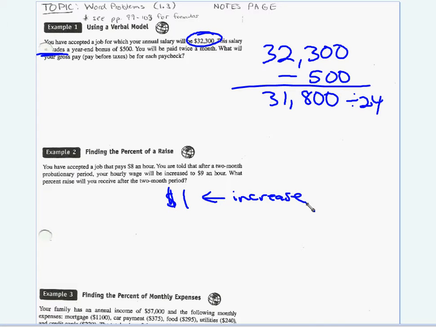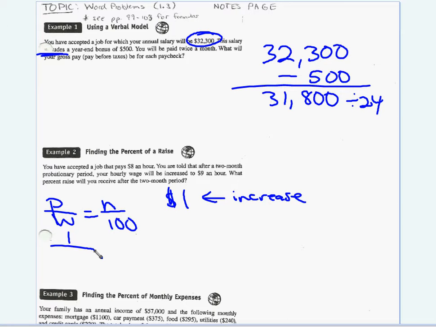Well, this is a percent problem, and we're asked to calculate the percent. So if I'm using part to whole equals n to 100, where would the 1 go? The 1 is the part. Okay? The 1 is the part.